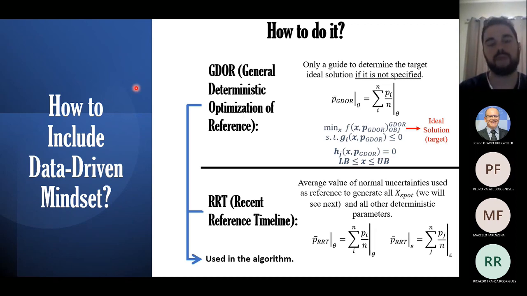Okay, we have to create 4 concepts, okay? So the first one is the general deterministic optimization of reference, the GDOR. This is only a guide to determine the target ideal solution if you don't specify it, okay? For example, this is important because sometimes you are going to give some data, but you as a decision maker may be lost and you don't know, hey, what is an ideal solution?